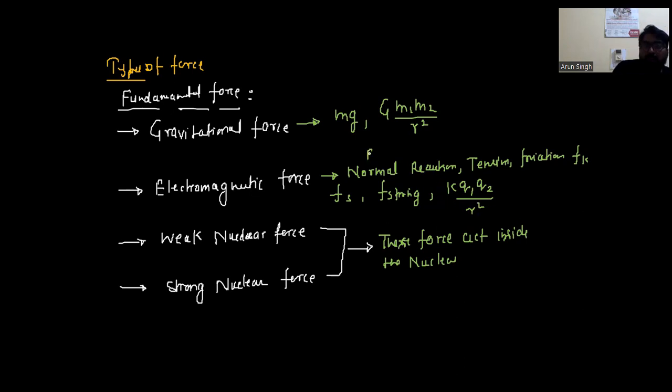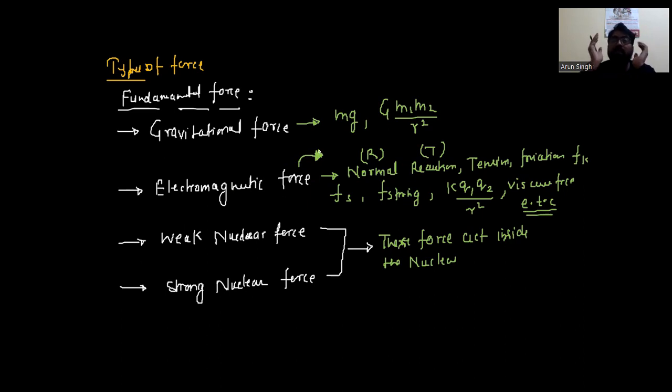So normal, tension, friction force, spring force, kinetic friction force, viscous force, etc. Okay, all are electromagnetic force. So the number of forces that fall in this category, maximum forces in the universe fall under electromagnetic force.